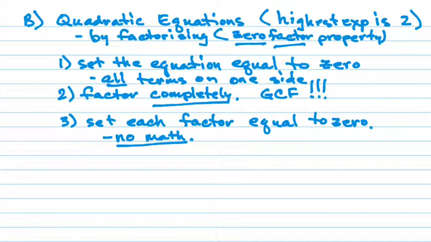But in this step, there's no math. All you're going to do is take each bracket and put equals 0 at the end. Because what you have is two things multiplied together to make 0, and in order to do that, one of them has to equal 0. When you do that, you don't even need the brackets anymore, because they're not stuck together and multiplied together anymore. Step 4.